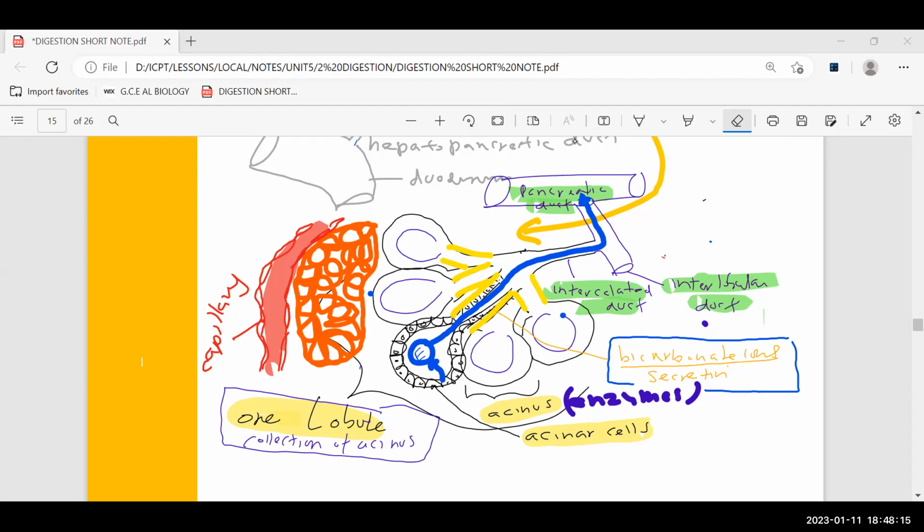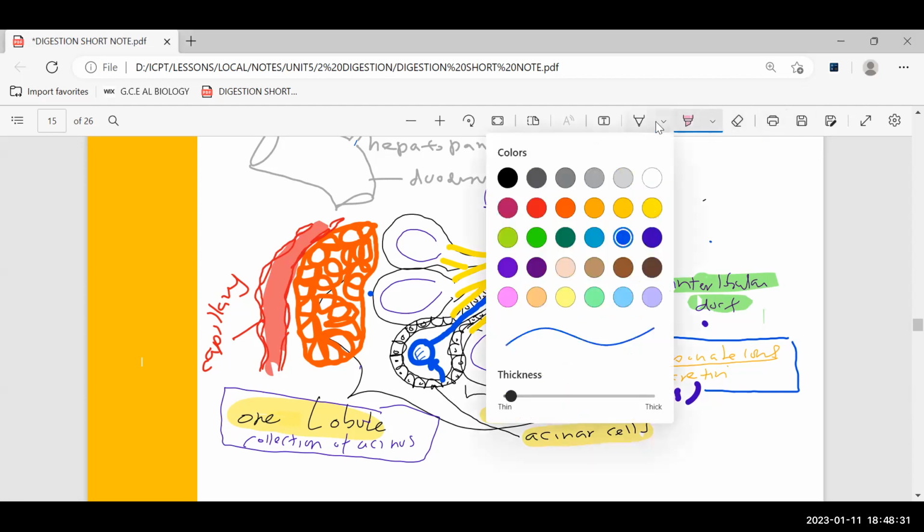Now all enzymes and bicarbonate ions are secreted to the pancreatic duct and then to the duodenum.